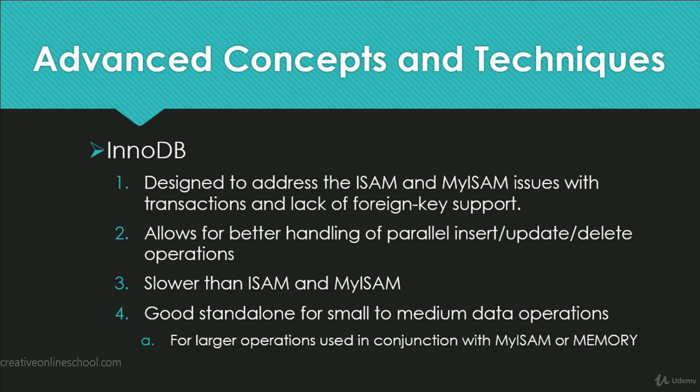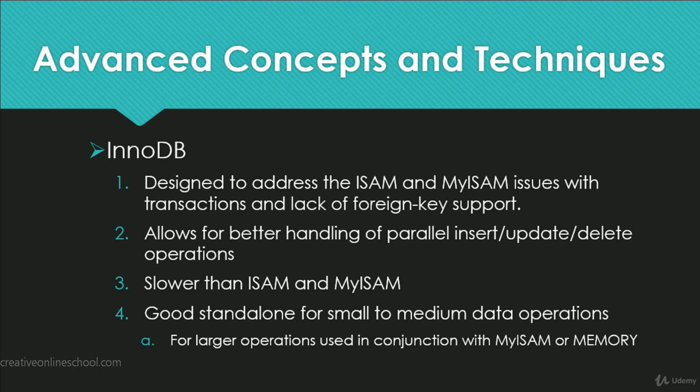However, it's slower than XAMPP and MyXAMPP when it comes to doing select statements. As such, it can be very good for small to medium data operations, but if it's too large, it may need to be used in conjunction with MyXAMPP or memory, so that you can run the selects from there and then do the rest with InnoDB.